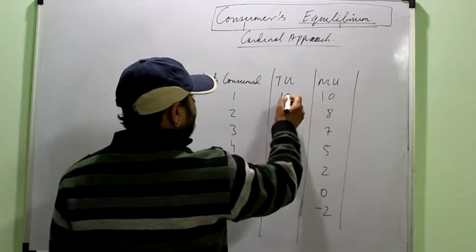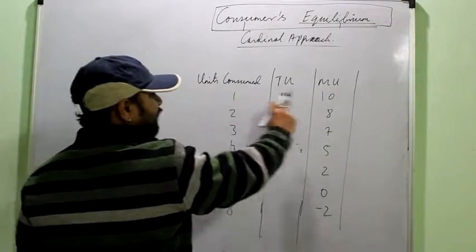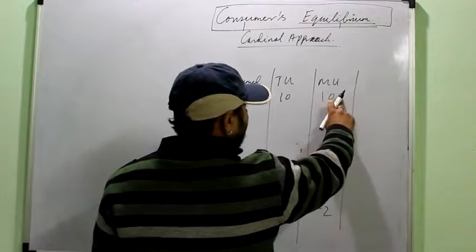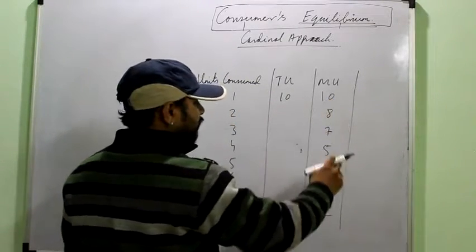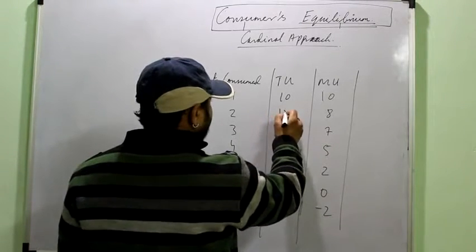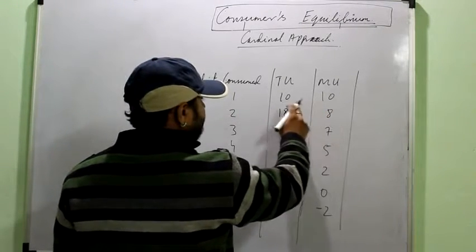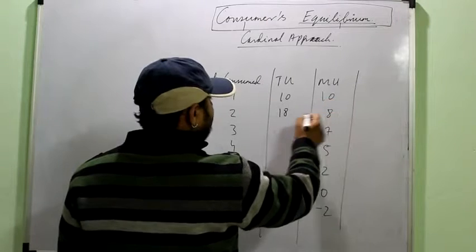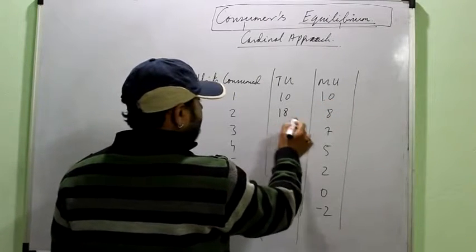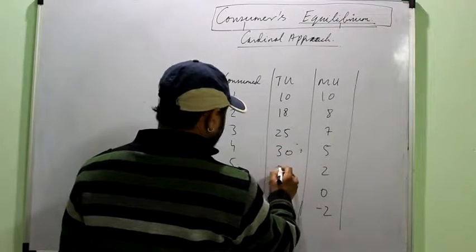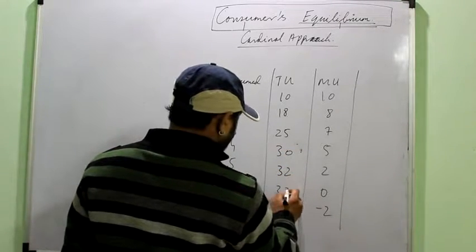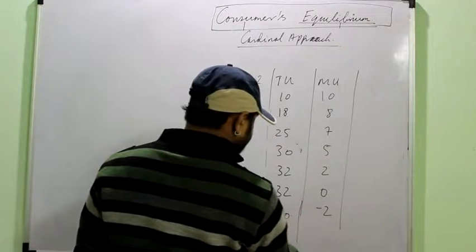Right now, total utility simply shows that when I consume 1 unit, I get the total utility of 10 utils. From the second unit, I get 8 utils and so on. So total utility after consuming both the units is equal to 10 plus 8, that is 18 utils. After consuming the third one, it's equal to 25 utils, then 30, 32, 32 and 30.